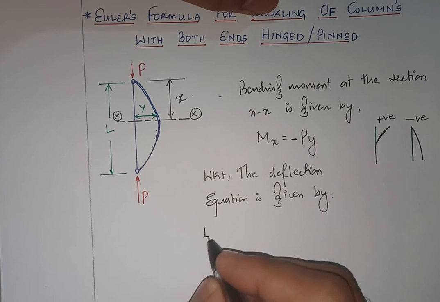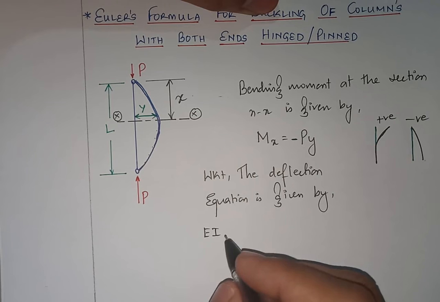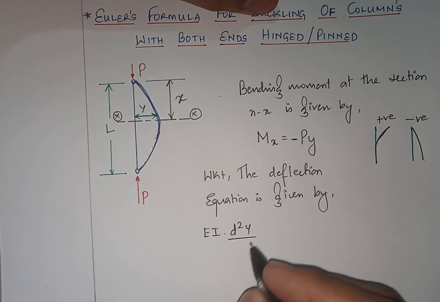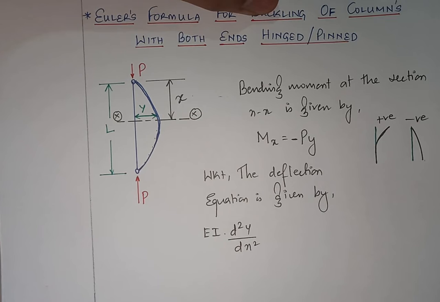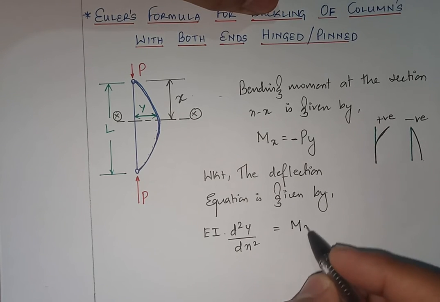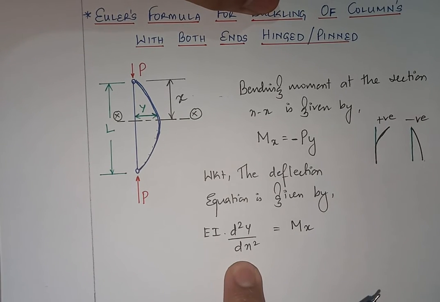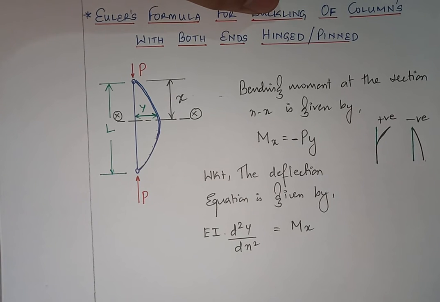So that equation is E into I into d square y by dx square is equal to Mx. So this is the deflection equation for the column, and this you need to remember for all the four upcoming cases which I'll be deriving, and it will remain the same. It is a universal equation, it is not going to change, right?